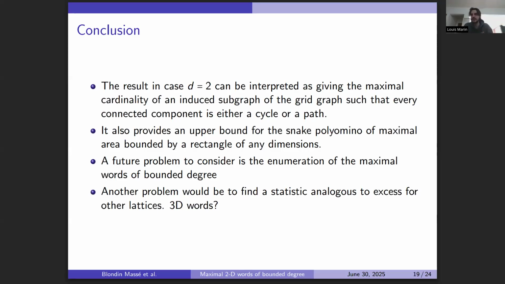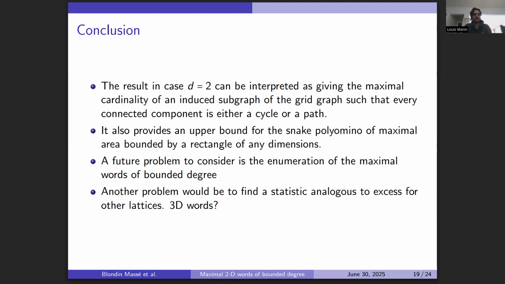In other words, for a grid, it gives the maximal area of a forest of polyominoes such that each polyomino is either a snake or a cycle. And like I said, it provides an upper bound for the snake polyomino of maximal area.